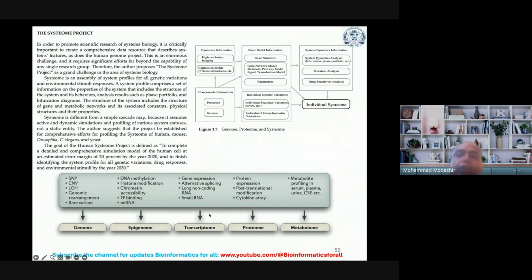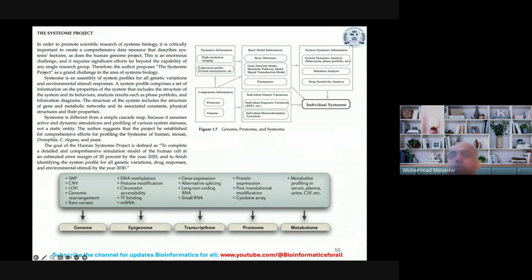So this is from one of the review papers, Nature Reviews, and you can see here you have genomic level information from high throughput data: SNP, CNV, LOH (loss of heterozygosity), copy number variation, genomic rearrangement, rare variants. Then epigenomic data at the second level: DNA methylation, histone modification, chromatin accessibility, transcription factor binding, and miRNAs.